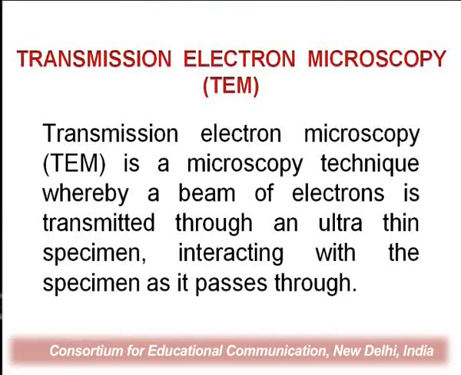In scanning electron microscopy we use the word scan, but here the beam of electrons is transmitted through an ultra thin specimen, interacting with the specimen as it passes through. It means we have an ultra thin sample, the electrons pass through it, and after that we can get the various characteristics of the sample.